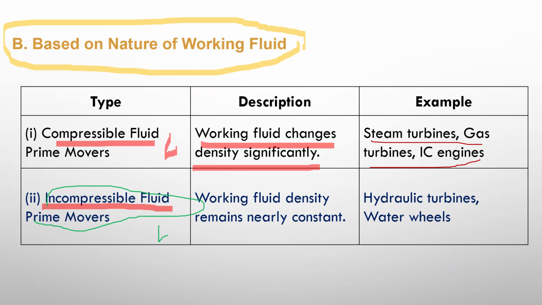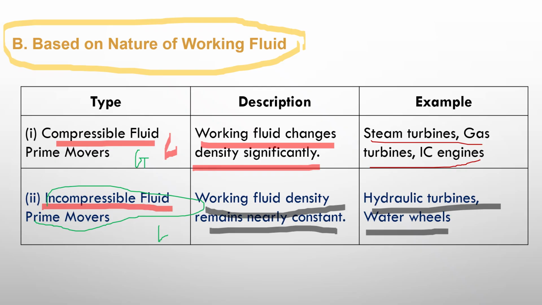So here all the gases are in case of compressible fluid, and in case of incompressible fluid we can talk about all liquids. What we can observe here in case of liquid is the working fluid density remains nearly constant. So we can go for either a hydraulic turbine, or we can go for water wheels.